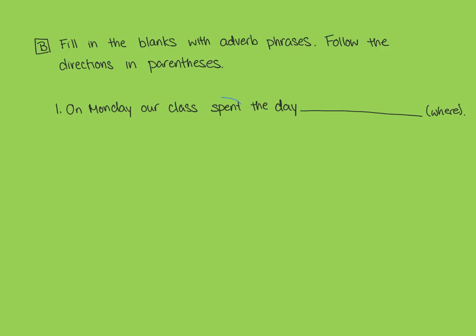Well, spent is our verb. So where did we spend the day? Let's say we spent the day at Westlake. So make sure that it is starting with a preposition, and then it will need to be more than one word, most likely. So pay attention to, is it a where, how, or a when question.